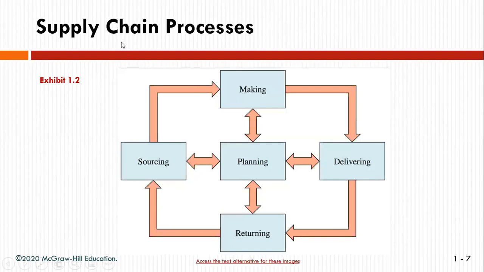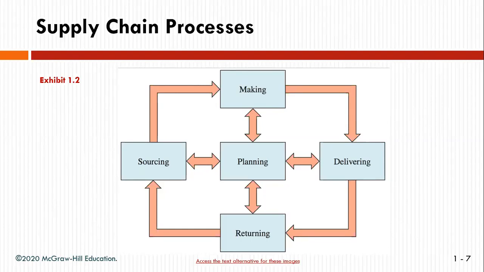So the whole supply chain process is, first, you start probably in the middle with the planning, and there is a planning for making the product. But before you plan making a product, there is a planning for how you get the sourcing. There is a planning for the sourcing, a planning for making the product, a planning for delivering, and a planning for returning.